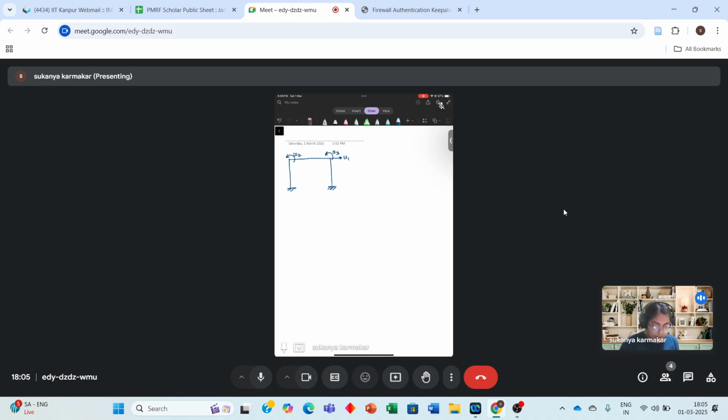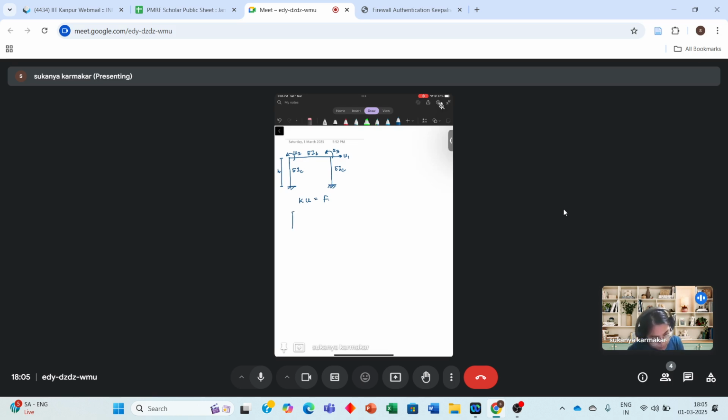So I'll just give an example. Let's say this is the frame, with height h, and these are the flexural rigidities of the frame. First I want you to write k into u is equal to f.